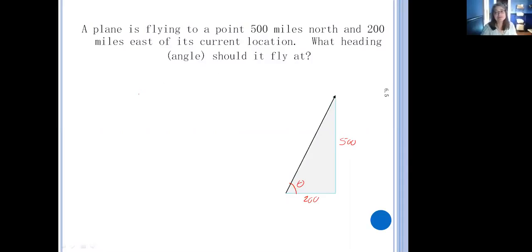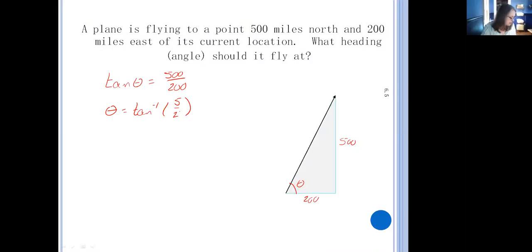Well, we know that the tangent of that angle theta is equal to the length of the side opposite that angle divided by the length of the side adjacent to that angle. So that means that theta will be equal to the inverse tangent of 500 over 200.